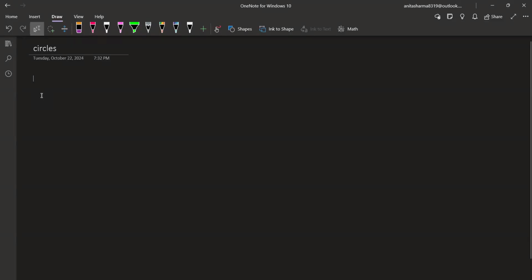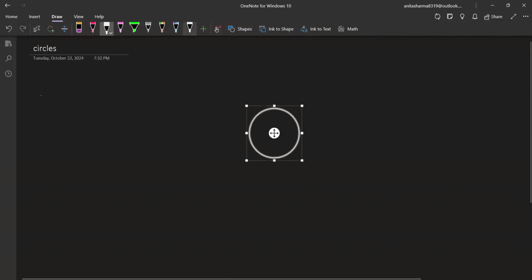A circle basically is a closed plane figure consisting of all those points of the plane which are equidistant from a fixed point, right, beta? Suppose you have this circle. So the fixed point is here.